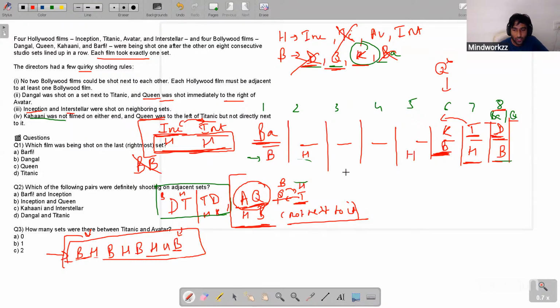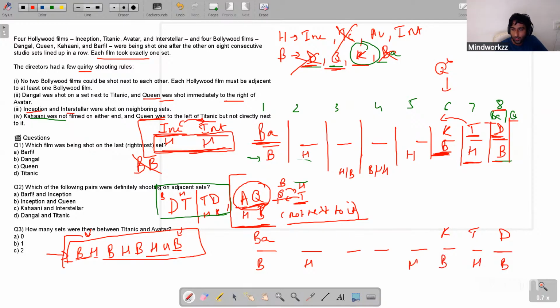Okay. And now we are in a dilemma whether this is a Hollywood or a Bollywood film, or this is a Bollywood or a Hollywood film. So again, another case will come up which we will need to check. Against 8 cases, 1, 2, 3, 4, 5, 6, 7, we have Dangal, Titanic, Kahani, Barfi as the four films which we have found out.